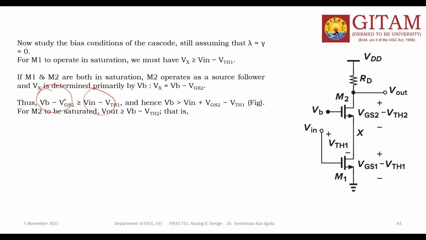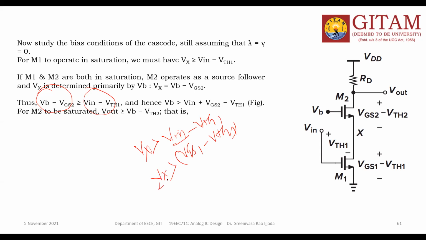In the first case, you took one condition to keep M1 in saturation: Vx should be greater than Vgs1 minus Vth1. I can write this as Vx greater than Vin minus Vth1. Of course, Vin is nothing but Vgs1. Don't forget about this one. This is my condition.